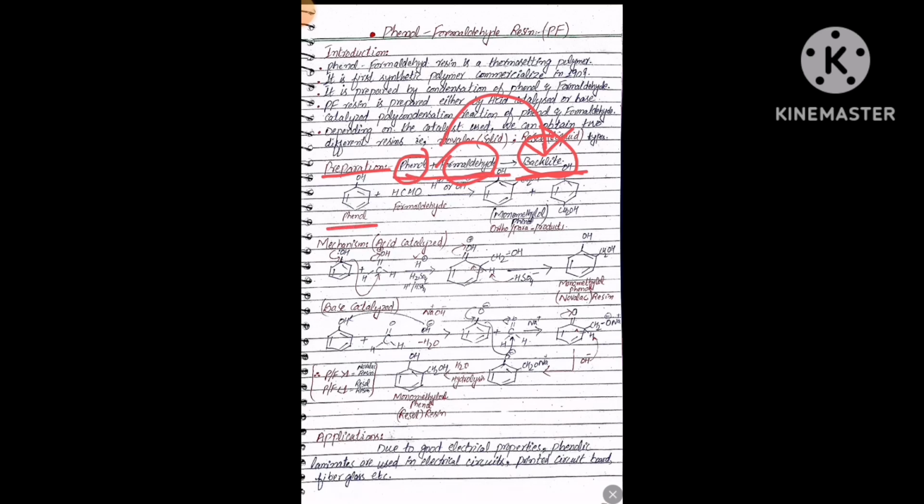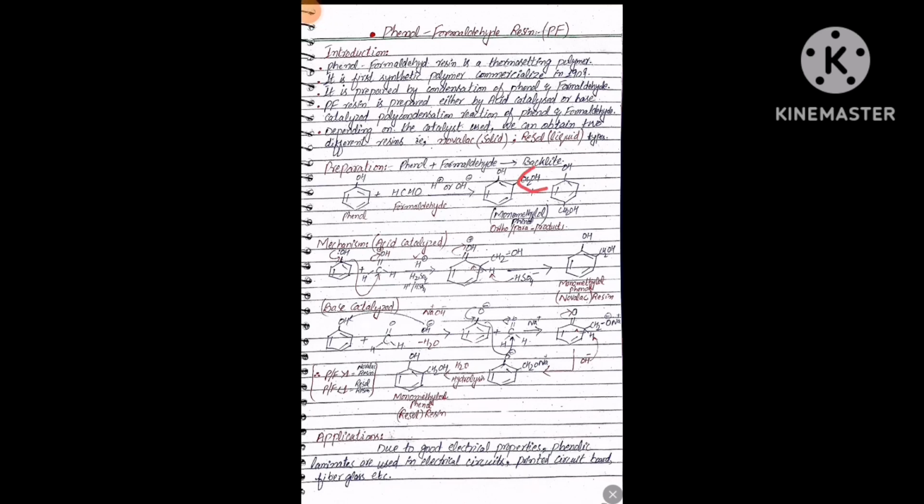Here is the structure of phenol, this is the structure of formaldehyde, and as we have studied, we can proceed via acid catalyzed or base catalyzed, and it will convert into a product. The product name is monomethanol phenol.